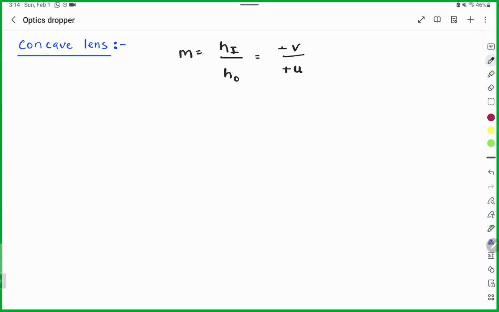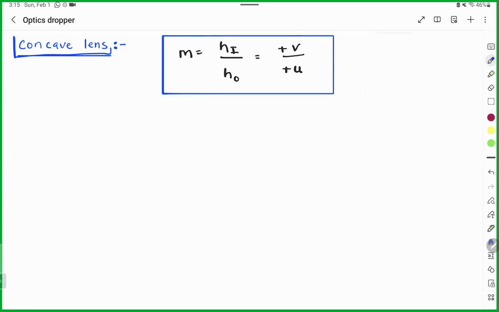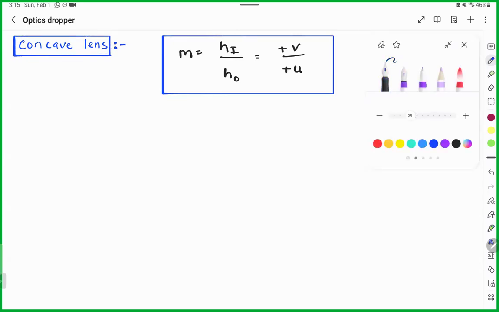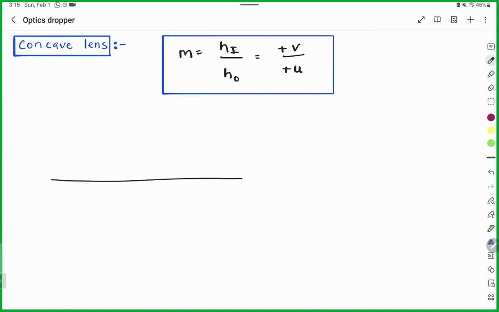So overall it will become positive. So this is exactly the same situation, but what is the difference? In case of the concave lens, the image will be smaller. How do we know?